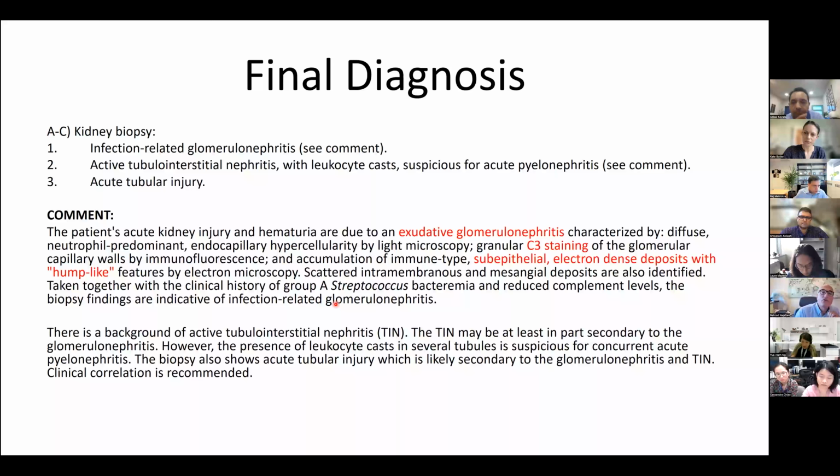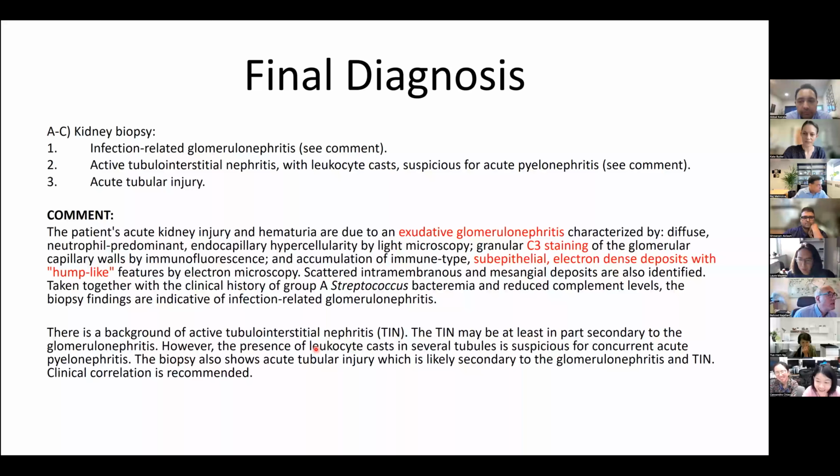Of course, the findings of exudative glomerulonephritis and C3 dominant glomerulonephritis can also be seen in C3 glomerulopathy. And if this patient continues to have problems and C3 deposition despite treatment of infection, of course, that would be something that needs to be considered.